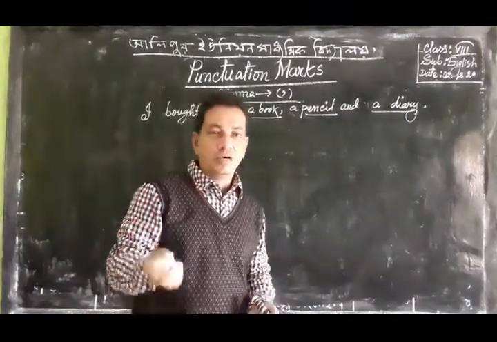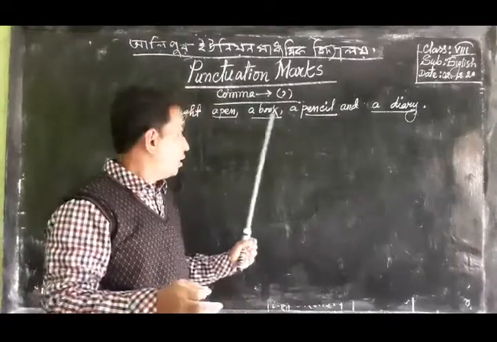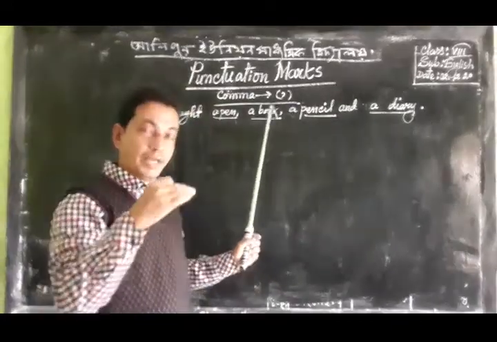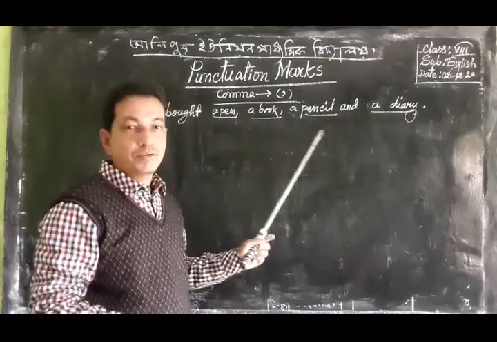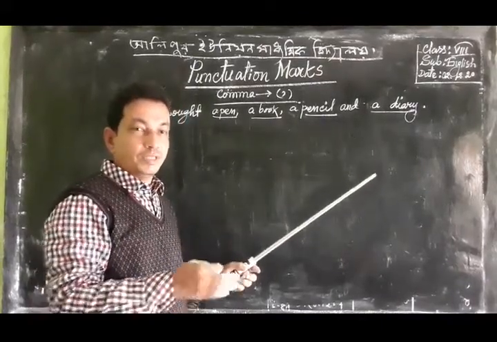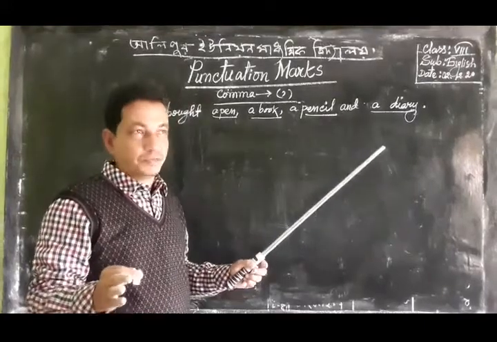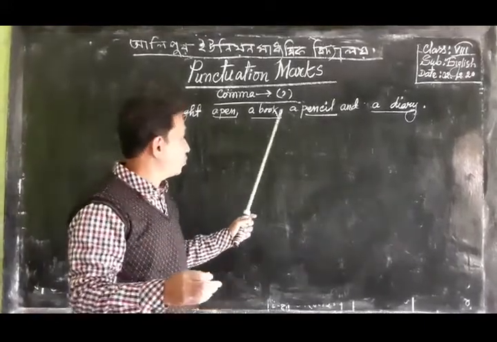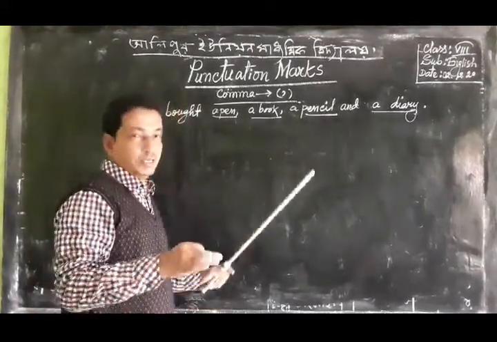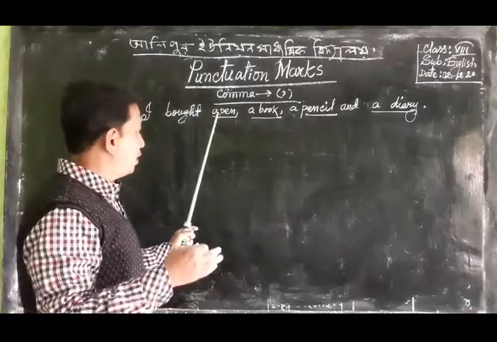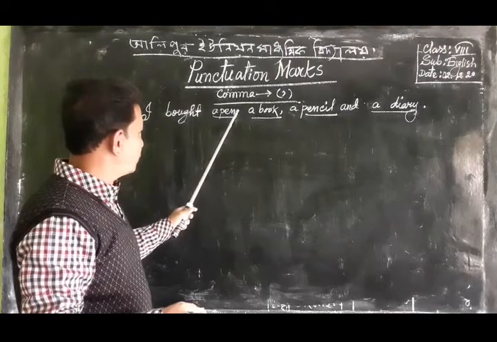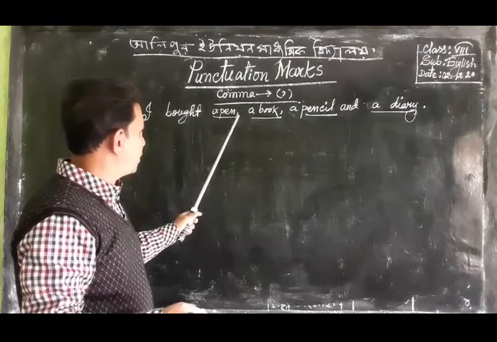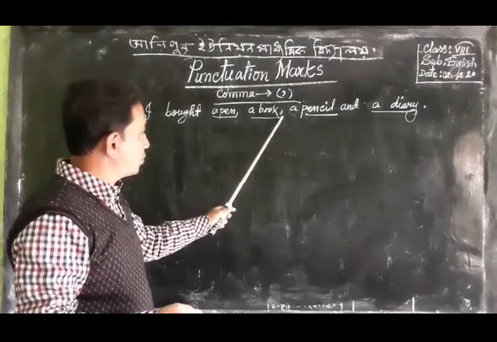We can put comma after every word if they are in the same part of speech. So pen, book, pencil and diary are the same part of speech and that's why I have put comma: pen, comma, book, comma.